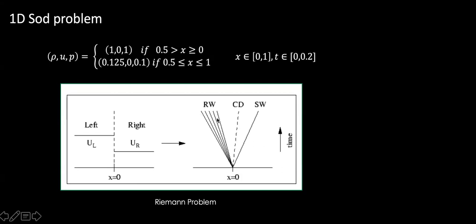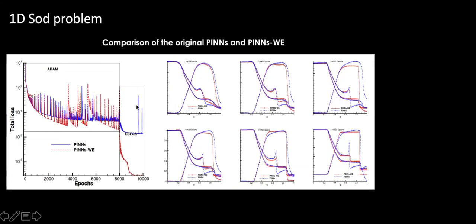We first compare the results of the original PINN and the PINN with the weighted equation. The new method can effectively converge the loss two orders lower than the original PINNs. We give the density variables at the end of the final time in different epochs. The original PINN may struggle at the transition points, while with the weighted equations, PINNs can obtain a shock without transition points.